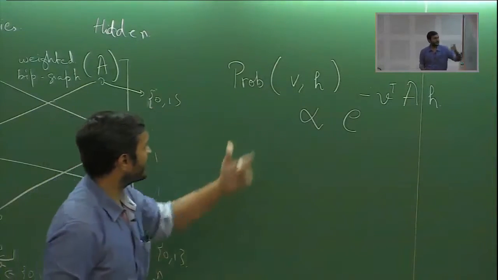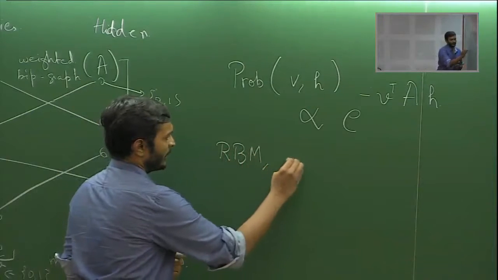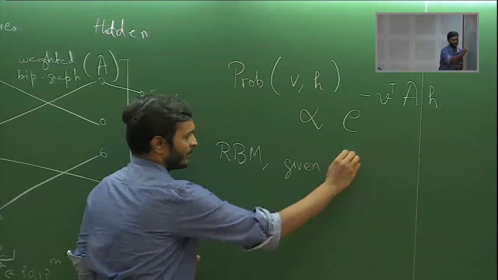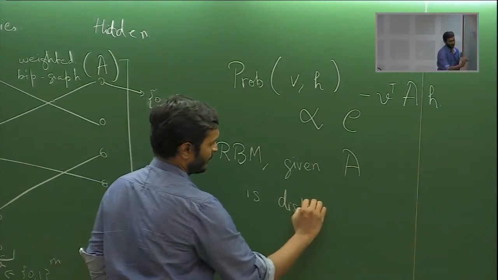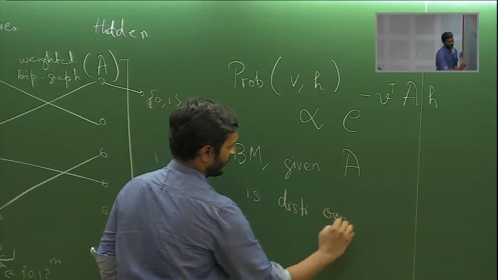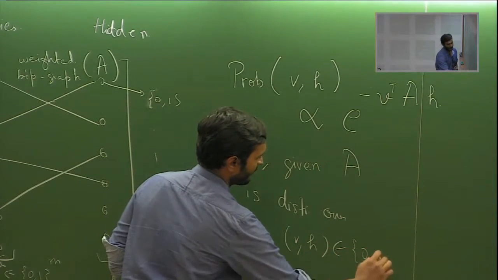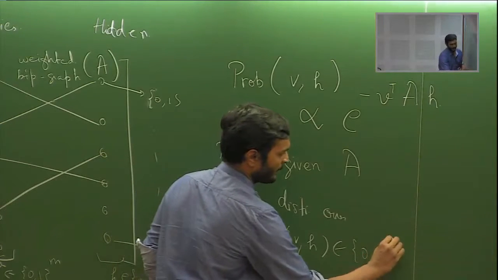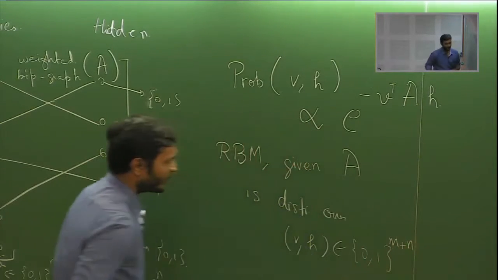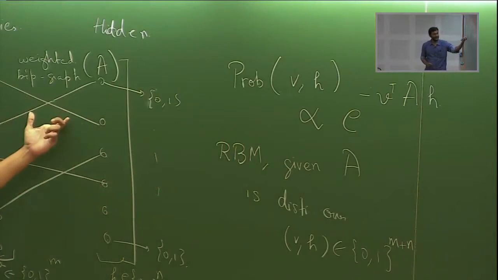So given the matrix A, the RBM is just a distribution over (v, h) belonging to {0,1}^(m+n).